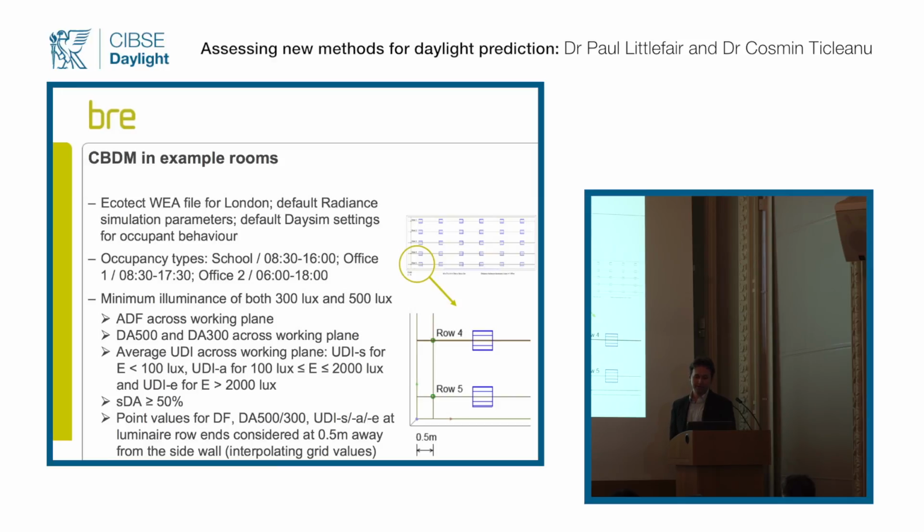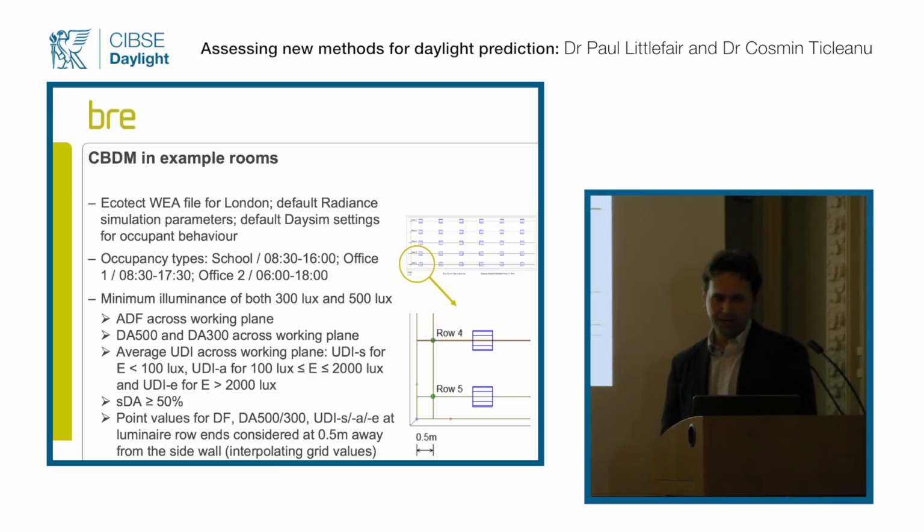And these ends were considered at half a meter away from the side wall. You can see this diagram here showing where those ends were. And in case those points didn't match the points on the grid, we just interpolated the values for the grid points that were closest to those row ends.